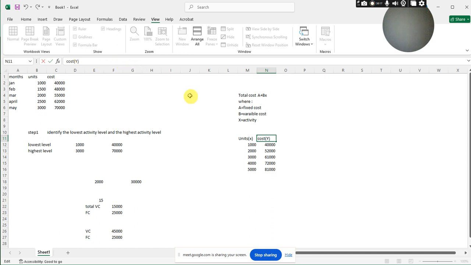So we need our xy here, which is x multiplied by y. Are we following? Yes, sir. Then we should have our x square here.